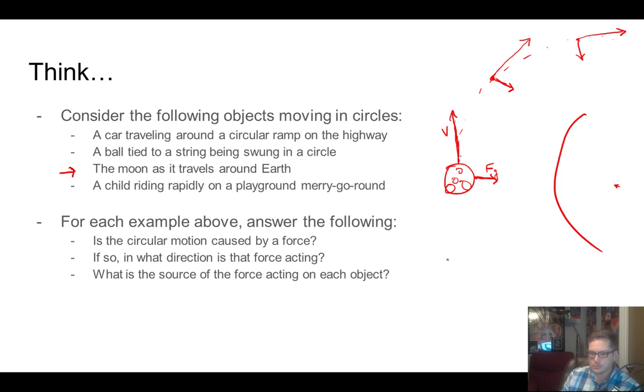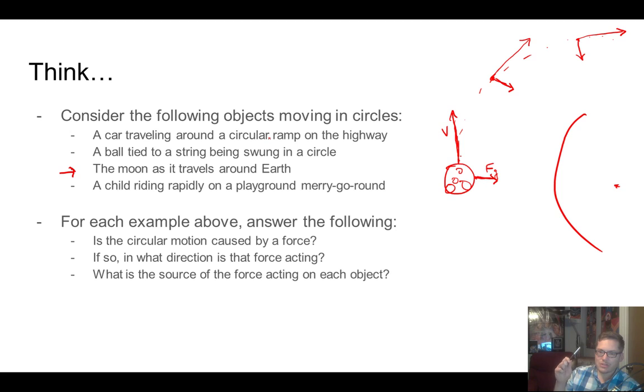Okay, now as we look at these other examples here, you'll notice that the same thing kind of happens, like a car traveling around a circular ramp, so it's going in circles, right? You could imagine a race car or something like that, a NASCAR. It's going around and around and around, and the vector of the velocity is always going to want to go straight out from whatever path it's taking, but in all cases, there's some sort of force that's dragging it back towards the middle.